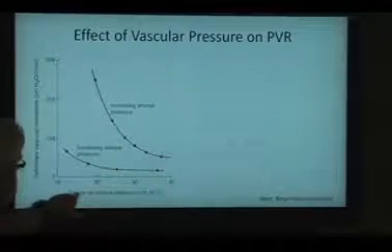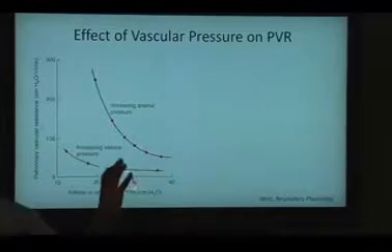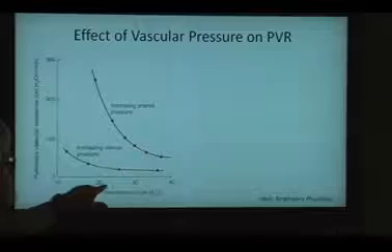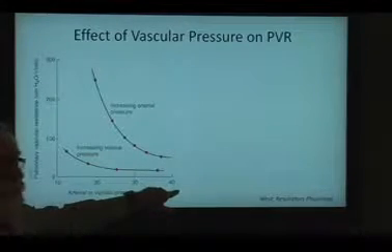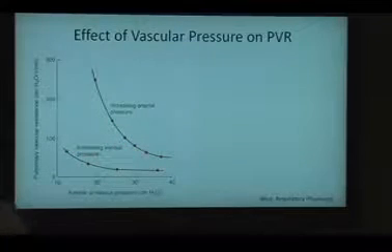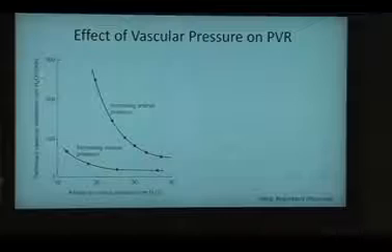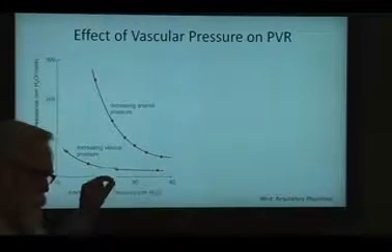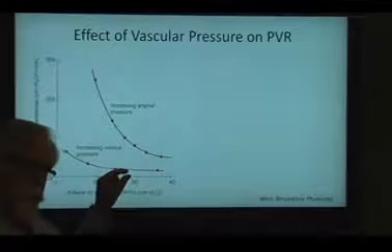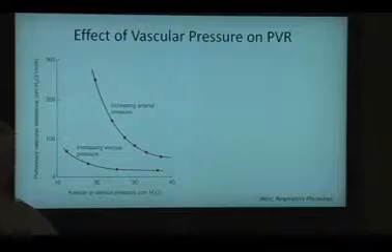As you can see, as the arterial or venous pressure increases in the pulmonary circulation, the resistance actually decreases. So if we volume load our patient, for example, and increase the pressure in the pulmonary circulation, that will cause pulmonary vascular resistance to drop.